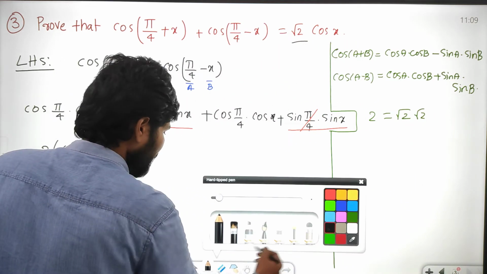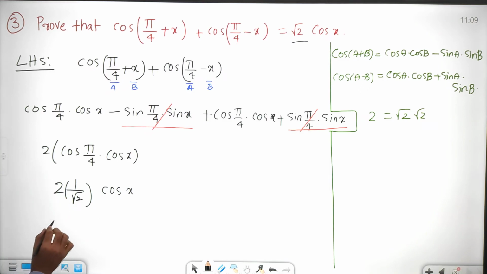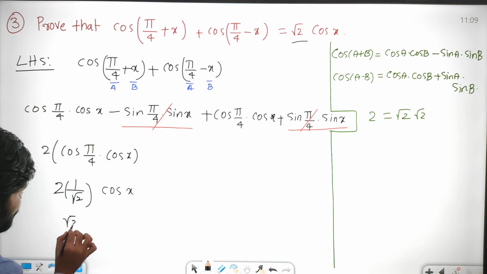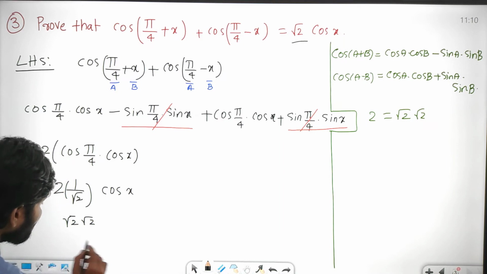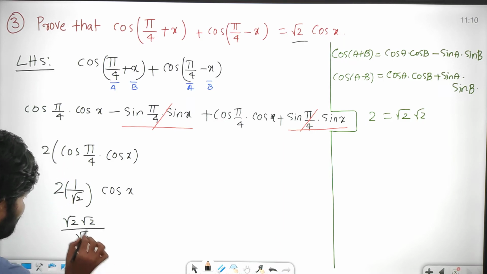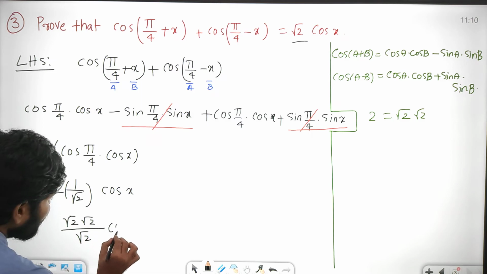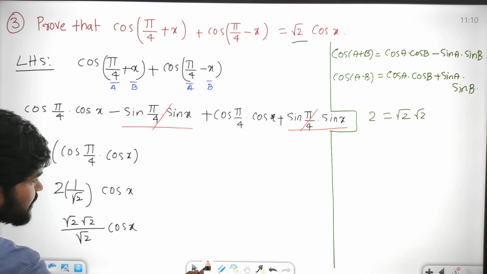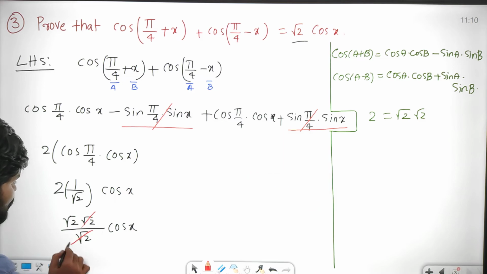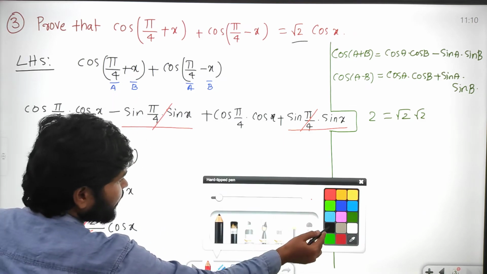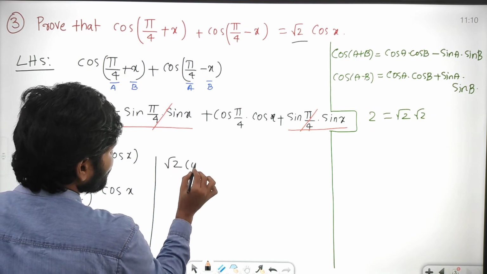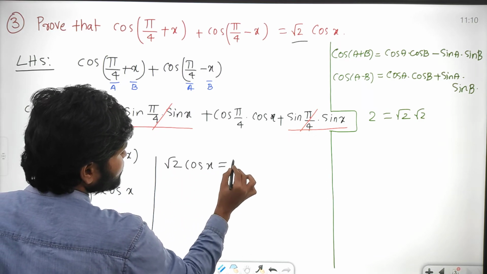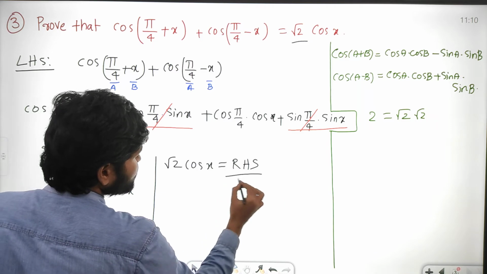So I am writing this 2 as root 2 into root 2 divided by root 2. The root 2 cancels, and we finally get root 2 cos x, which equals the RHS.